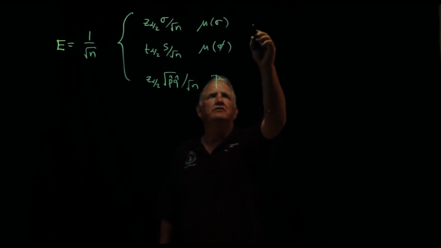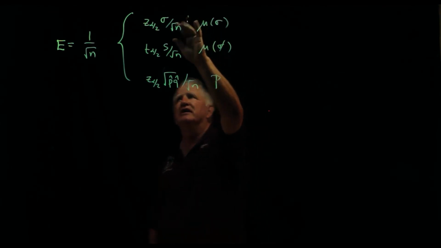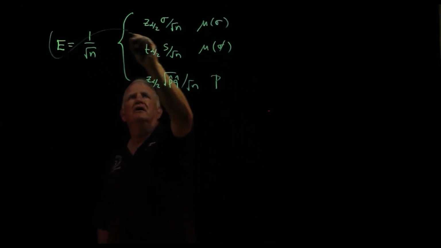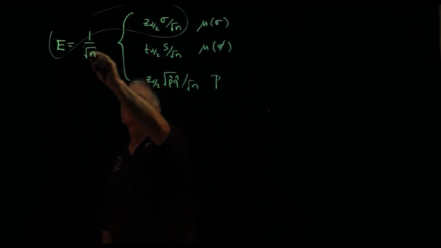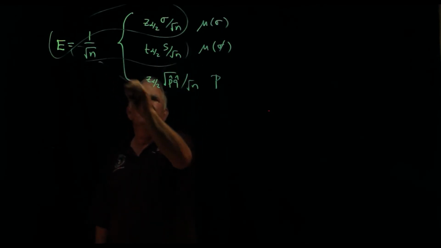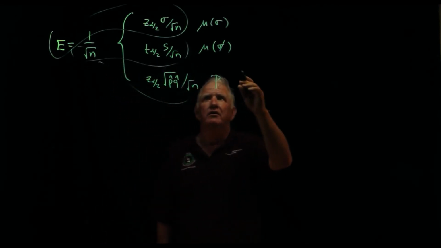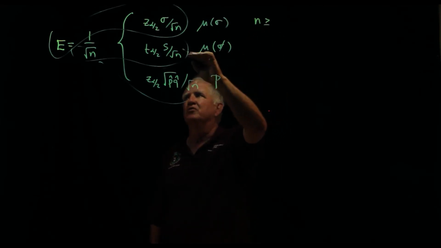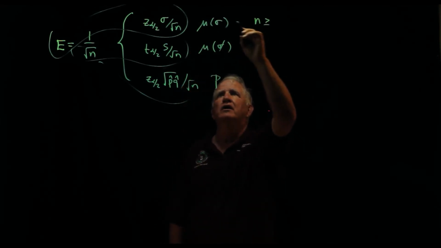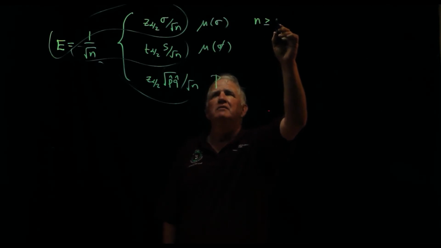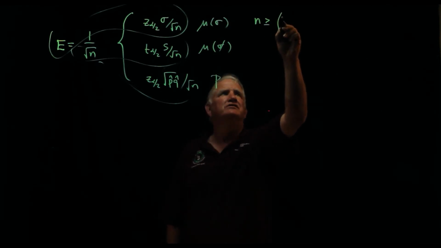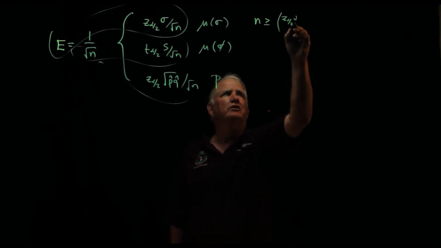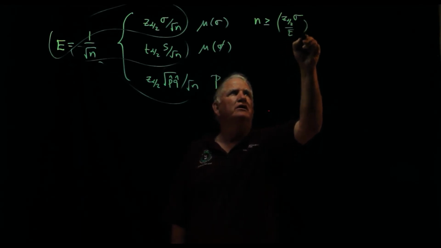And you can find those quite easily by solving each one of these three equations for n. All you have to do is move n to the other side, square everybody, and you get one equation for the case where we're looking at the mean, which is Z alpha over 2 sigma all over E, squared.